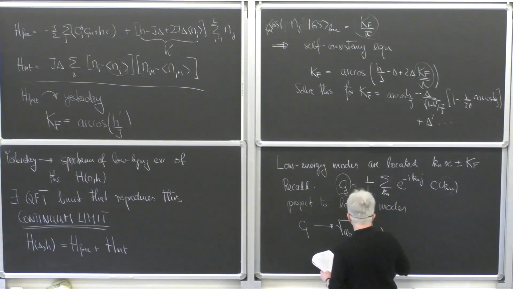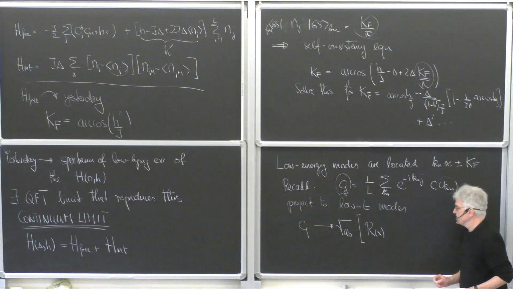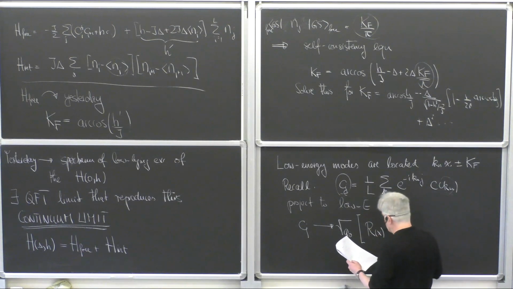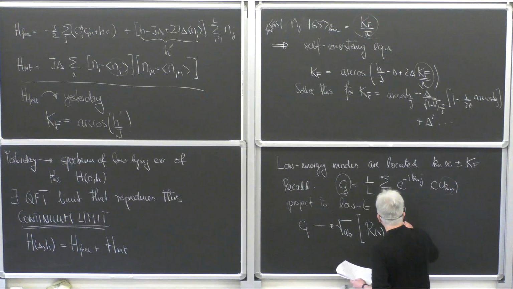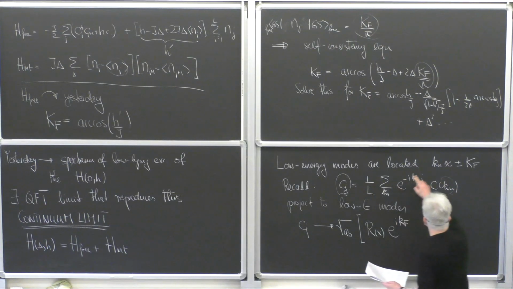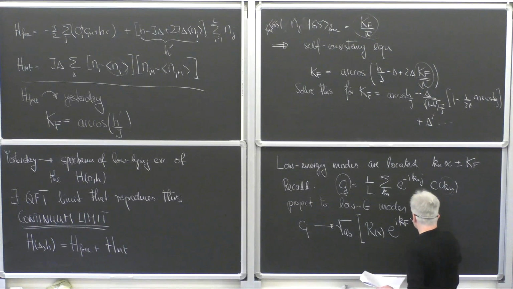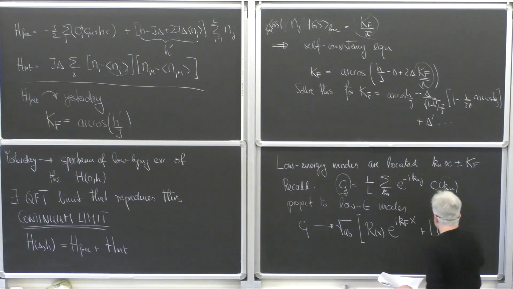So then here I put a Fermi field, which I call R of x, and here I collect all the momentum modes from here, which give me an oscillating factor that is roughly e to the i kf x. And then I have the other part, which is this.